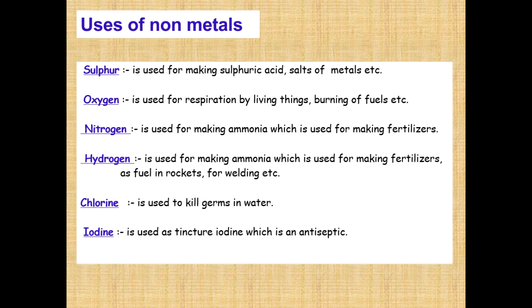Hydrogen is also used for making ammonia, which is used for making fertilizers. Chlorine is used for killing germs in water. Iodine is used as tincture of iodine, which is an antiseptic.